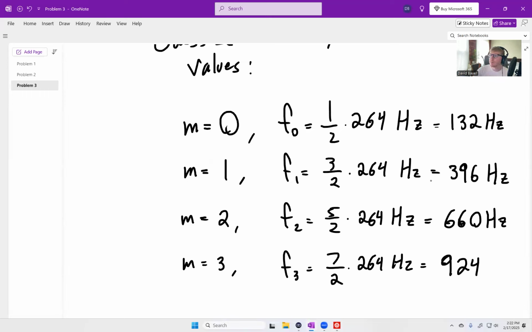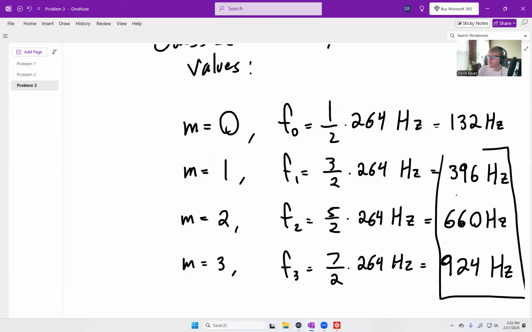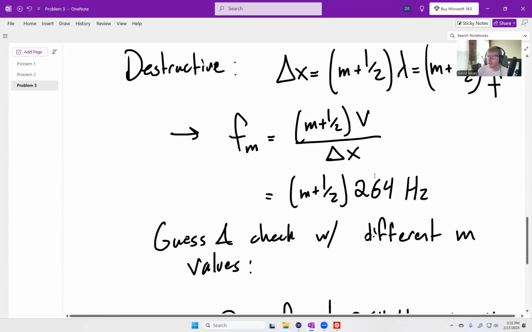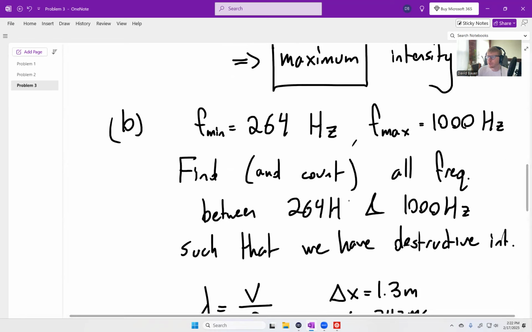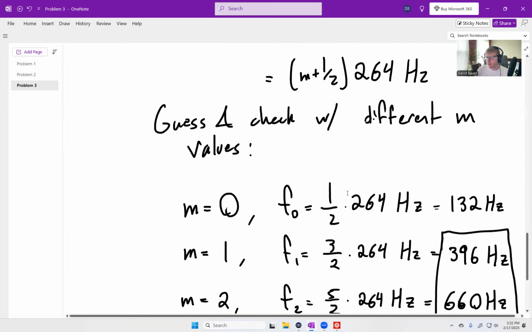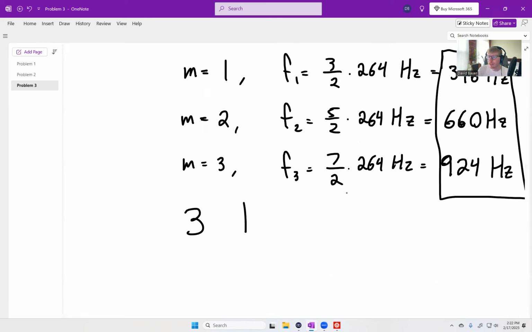So these are going up by 264 each time. So once we get to 924, we know we're done. The next one is going to be higher. So we find these frequencies that are in the range from 264 hertz to 1000 hertz, where we have destructive interference. So our answer is 3 times.